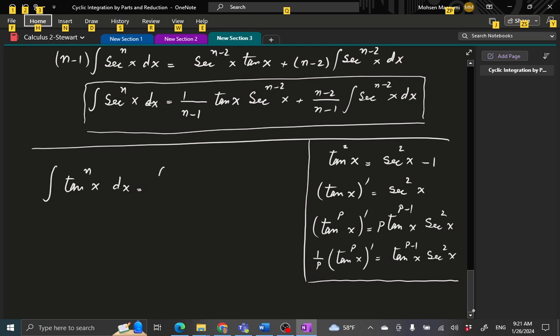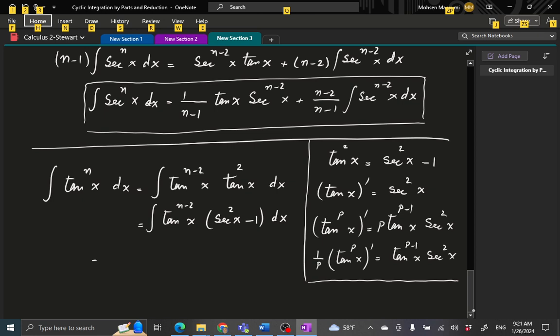So I write this as tangent to the power of n minus 2 of x, then tangent square of x dx. Now I go ahead and say, well, tan square is secant square minus 1.